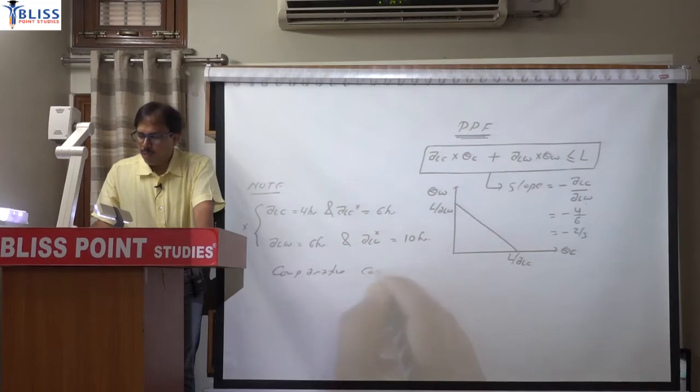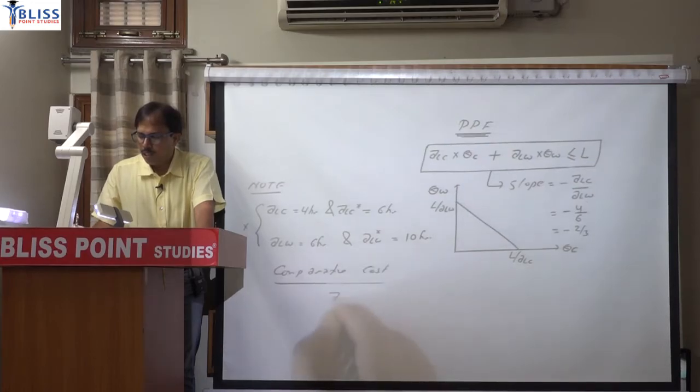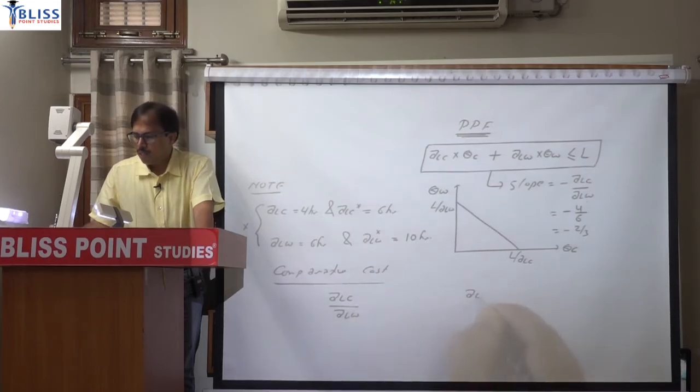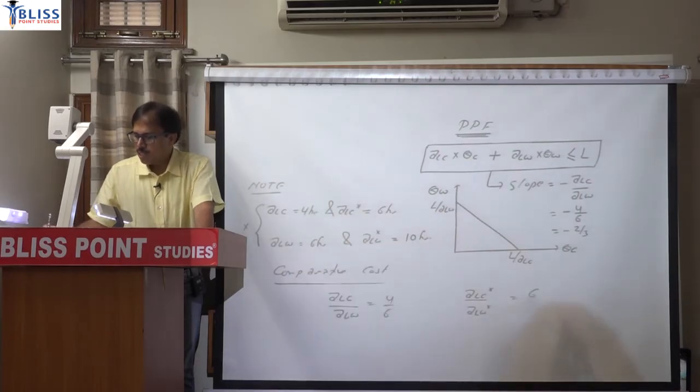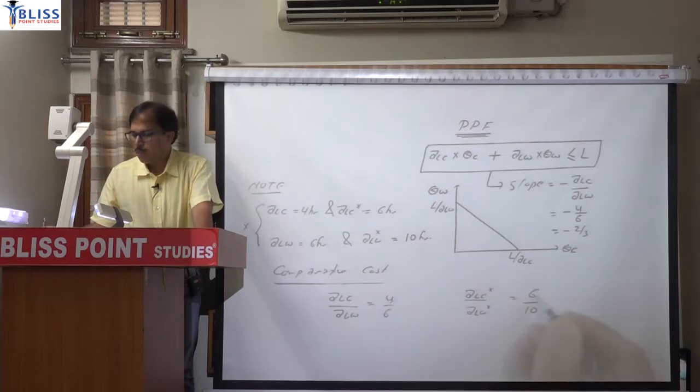So if you calculate comparative cost advantage, then ALC upon ALW, and you will compare it with ALC star by ALW star. So if this number is 4 by 6, and this is 6 by 10, then this becomes 0.66 and this is 0.6.